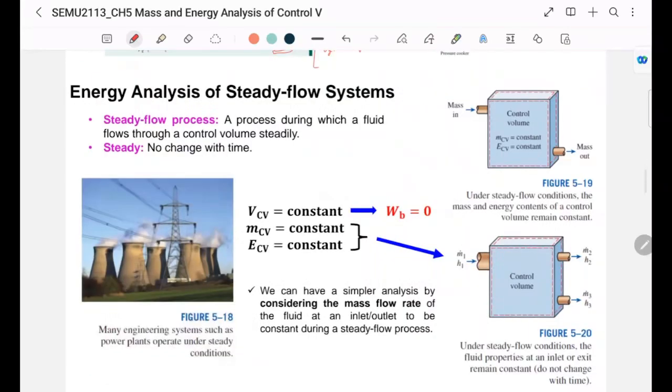So steady flow system, basically volume is constant, mass is constant, energy is also constant. So the conservation of energy, conservation of mass has to be applied. And the fact that volume is constant means that boundary work is also zero.